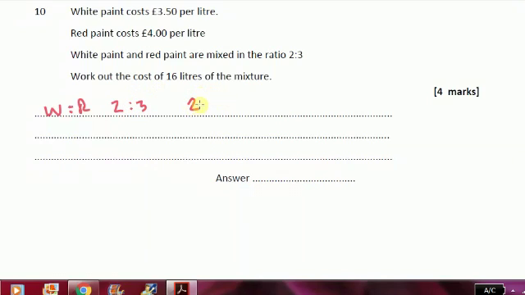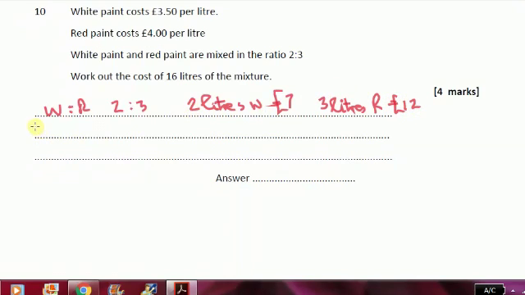That means you might want to use 2 litres of the white paint, which would cost 2 times 3.50, which would be £7. And 3 litres of the red paint would cost 3 times £4, which is £12.